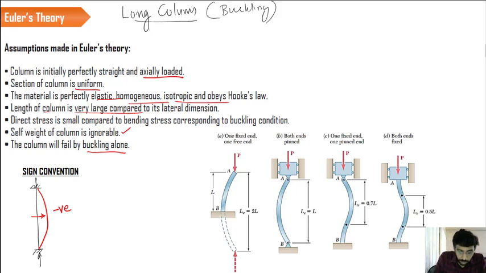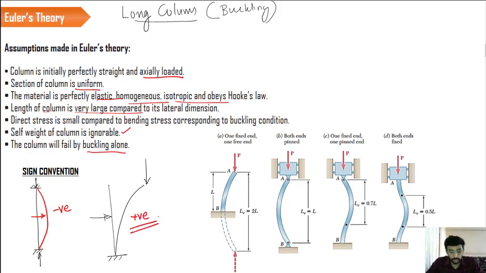If you take another end condition like this, we can see it has buckled like this. If we look from here, we can see a convex part. Such bendings are called positive. So these are the two sign conventions that we have to keep in mind before we move into Euler's derivation.